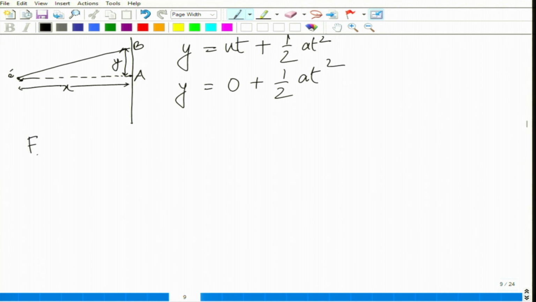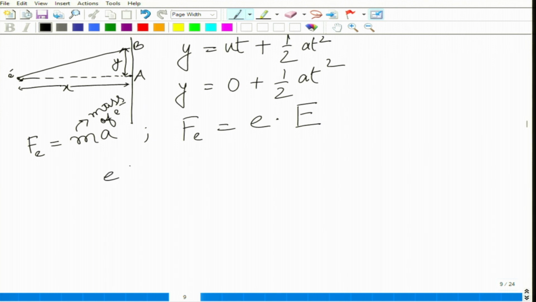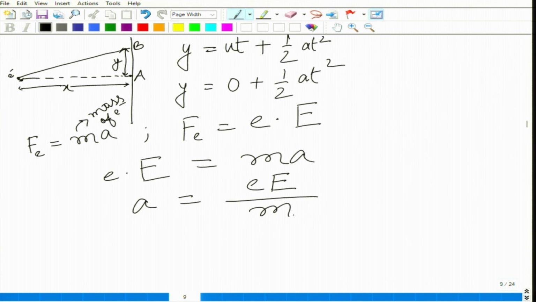Now the electric force F equal to ma, that is the mass of the electron and acceleration of the electron. We know that Fe equal to charge of electron into the electric field. Therefore, eE equal to m and a. So we get the value of a here. a is equal to this.